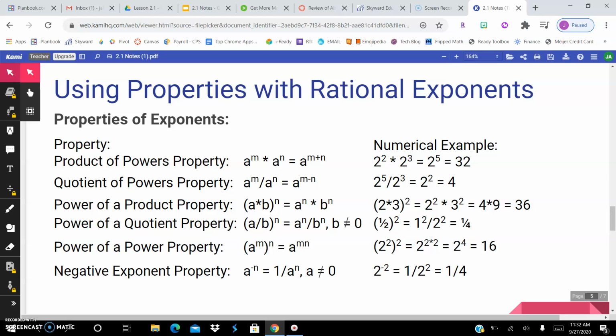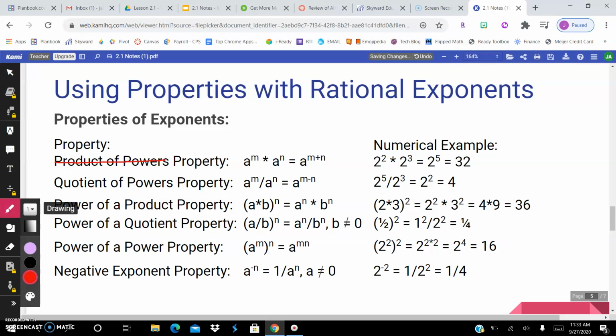So if I have the same base, I want to add our exponents. So that would be a to the m times a to the n. We're going to keep the a and we're going to add exponents. So that shouldn't say product of property right there. That should say the multiplication property. We're going to add.